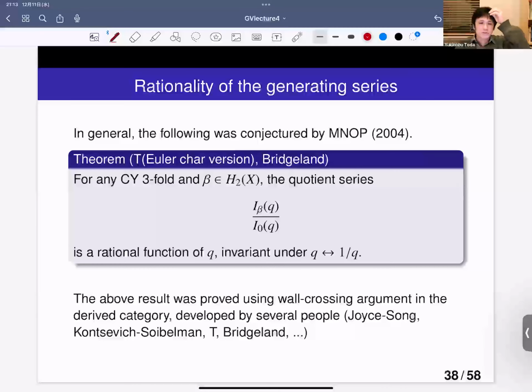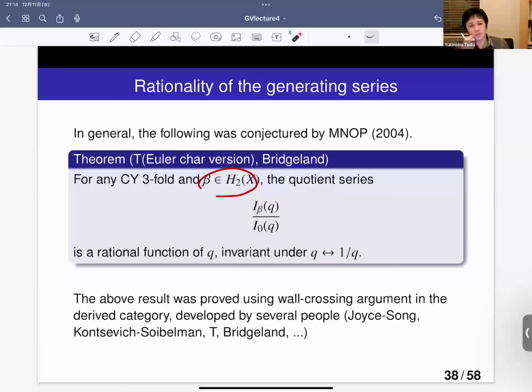In fact, this rationality is always true. So this is one of the consequences of the so-called wall-crossing formula. For any Calabi-Yau threefold and beta in the second homology class, this quotient series is a rational function of q that is invariant under this transformation.